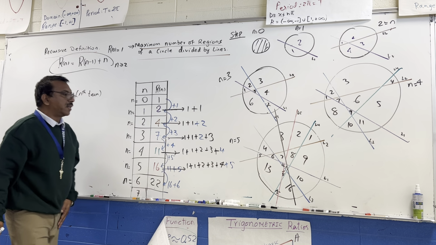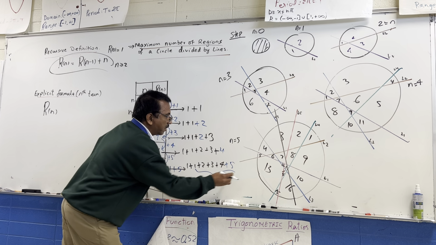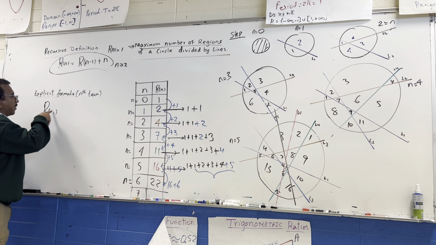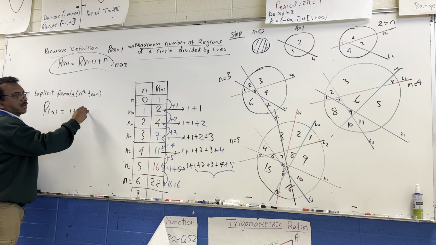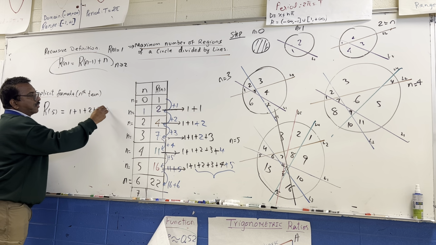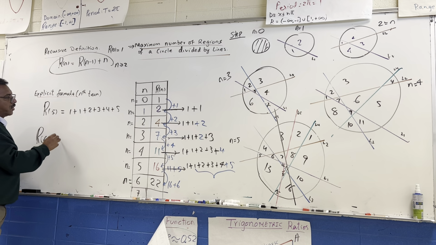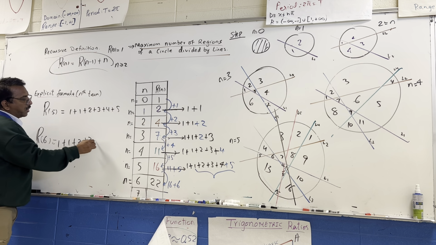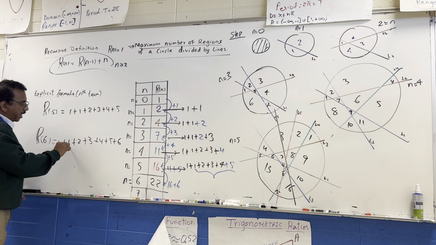And you see the pattern there. Now let's see this one. So this is R5. When I write R5, that's 1 plus 2 plus 3 plus 4 plus 5. If I write R6, that is going to be 1 plus 2 plus 3 plus 4 plus 5 plus 6. And you can see there's a nice pattern here.